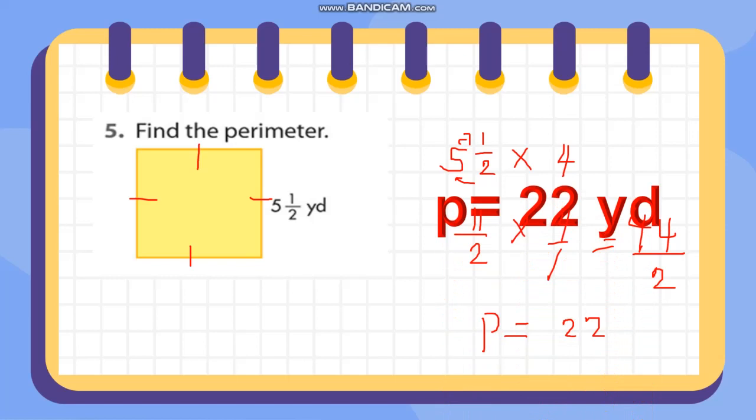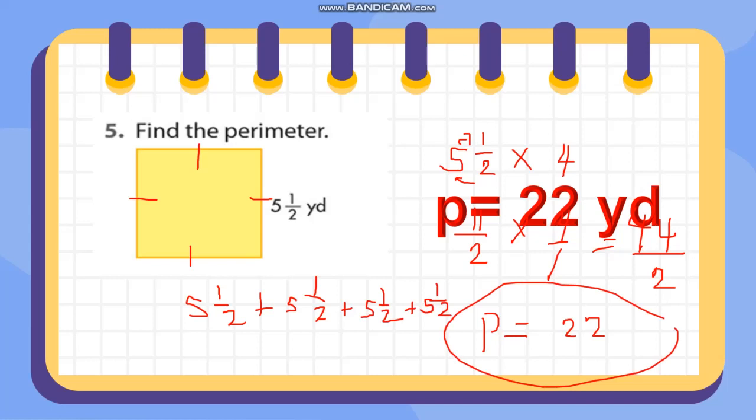There is another way to find that. You just simply add 5 1/2 plus 5 1/2 plus 5 1/2 plus 5 1/2. You will get the same answer, which is equivalent to 22. Or the other way is by applying the formula 2 multiplied by length plus 2 multiplied by width.